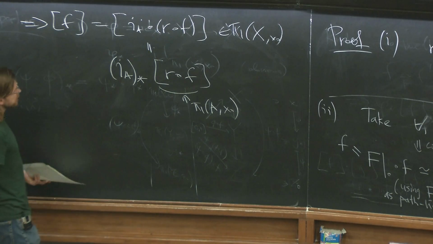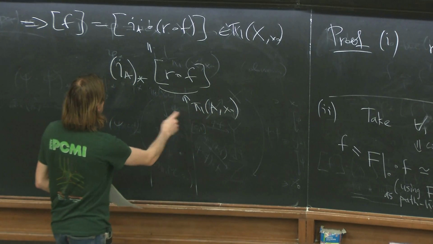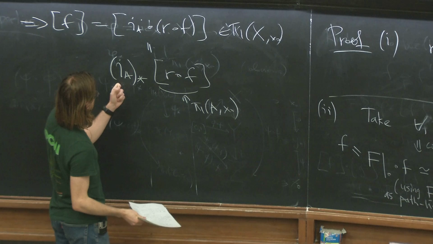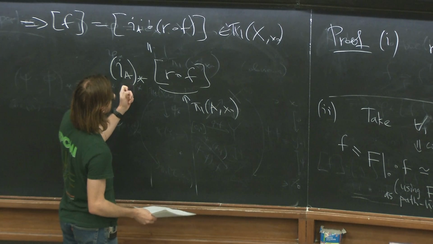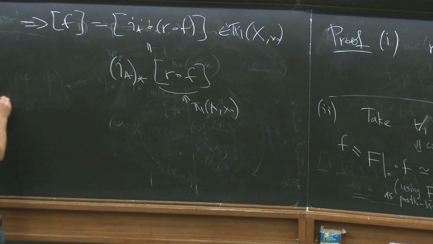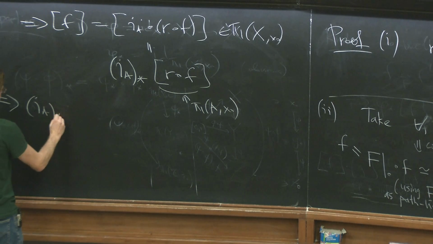Since f was arbitrary, for any element of the group pi 1 of X there exists an element of pi 1 of A such that the push forward of the inclusion gives us back this element. So this shows that this is surjective.